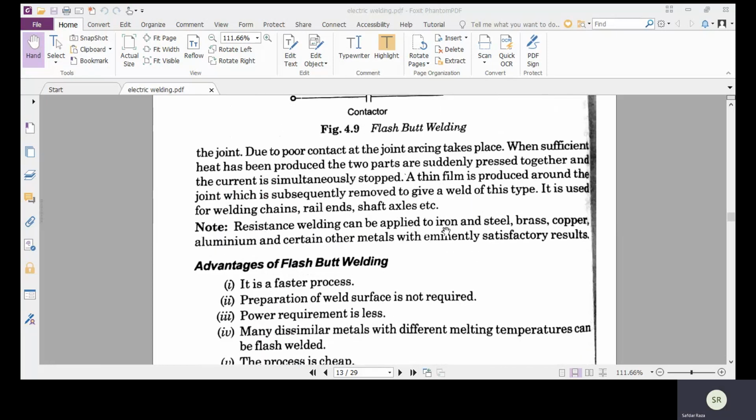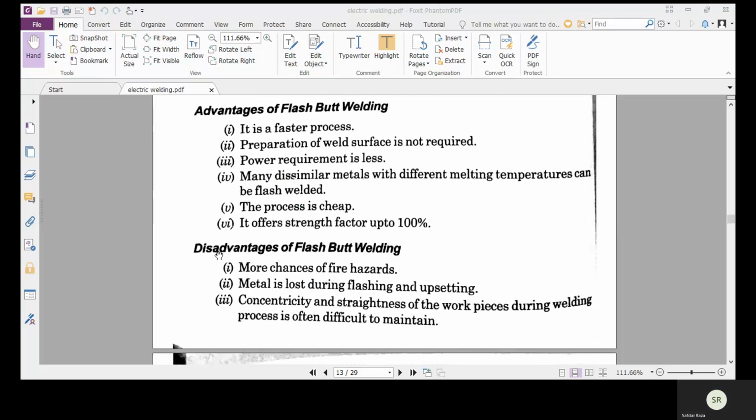Resistance welding can be applied to iron and steel, brass, copper, aluminum, and certain other metals with eminently satisfactory results. Advantages of flash butt welding include that it is a faster process, preparation of the weld surface is not required, power requirement is less, many dissimilar metals with different melting temperatures can be flash welded, the process is cheap, and it offers a strength factor up to 100%.